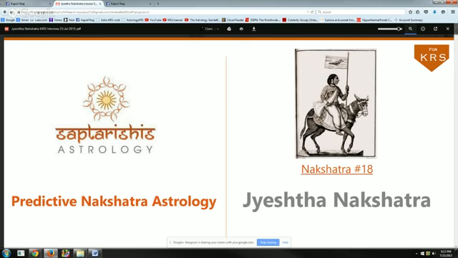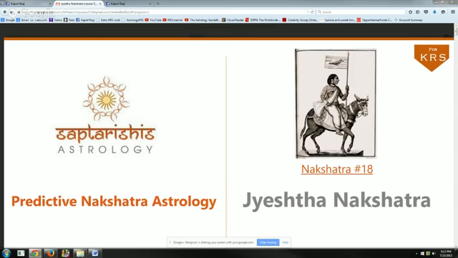During the Samudra Manthan, when the churning of the celestial oceans happened between the Devas and Asuras, Jyeshtha came out first, and then later on, Lakshmi came out.